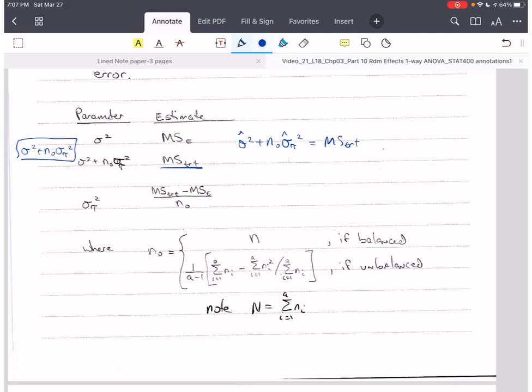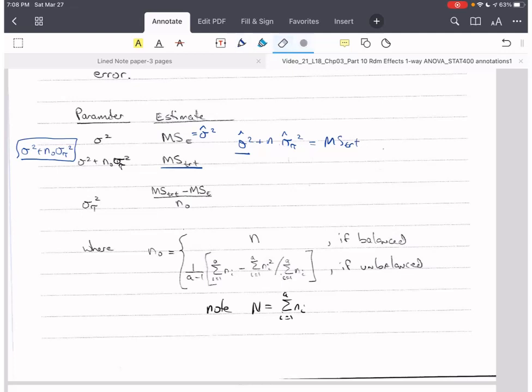Now, we've already said that sigma hat squared is equal to the MSE. The parameter is not a hat, but the estimate, MSE, is equal to sigma hat squared. So I'm going to solve for sigma tau hat squared. I'm going to subtract sigma hat squared from both sides and then divide by n naught.